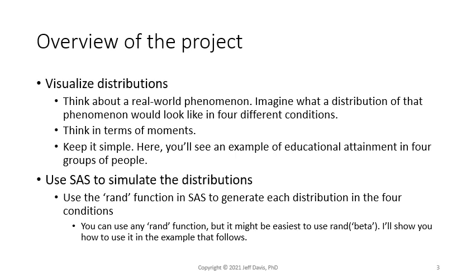Once you have that phenomenon in your mind, and the distributions for the four conditions in your mind, what I want you to do then is go into SAS and create those distributions. The function we're going to be using in SAS, if you look at the last bullet point there: you can use any of the random number functions, but I strongly suggest the beta function.